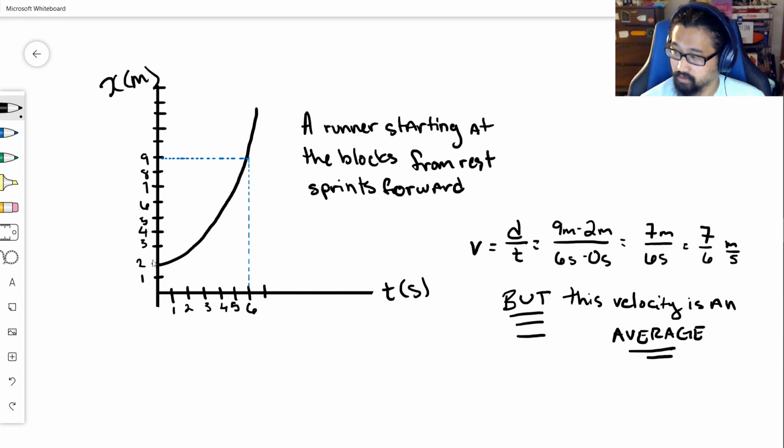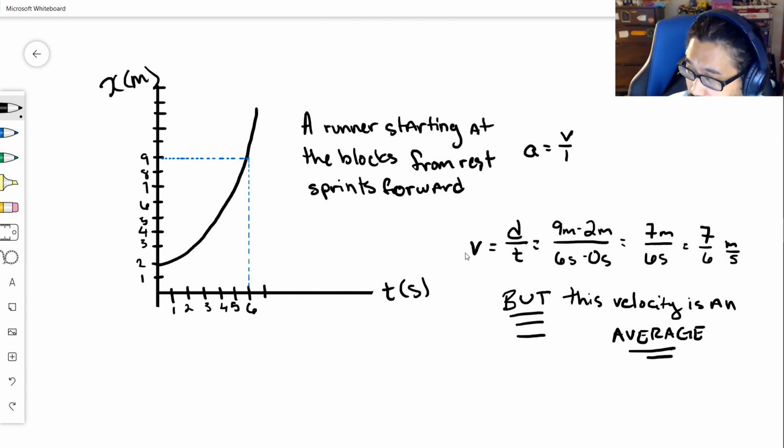what the velocity would be at any given point? With a graph like this, when you have acceleration, I can no longer just use this equation for velocity. And it also isn't enough to only know that acceleration is velocity over time.